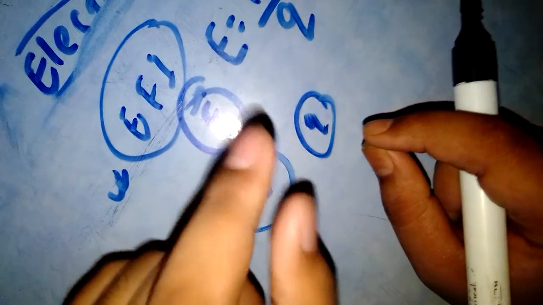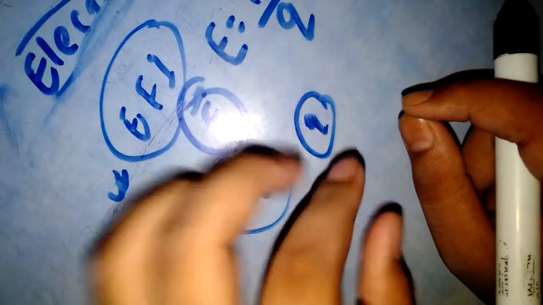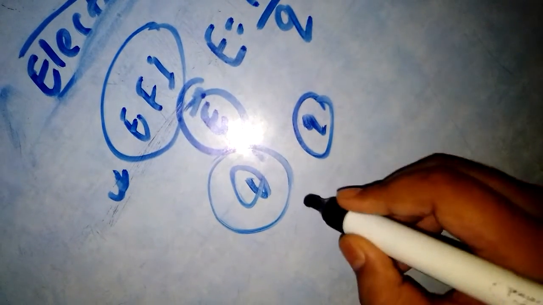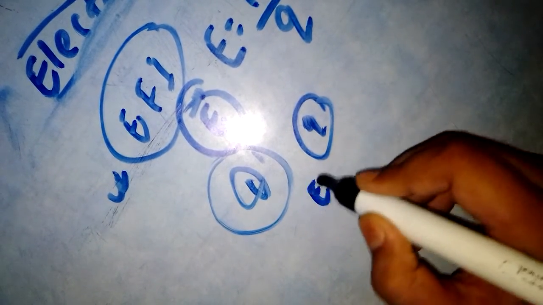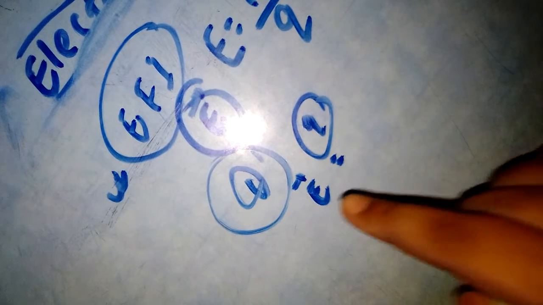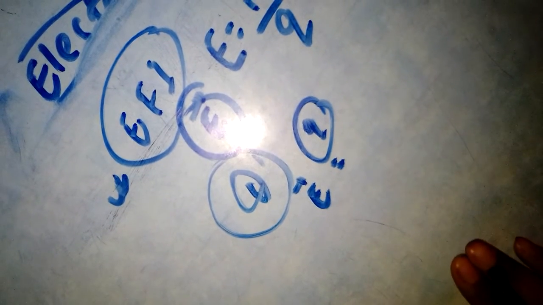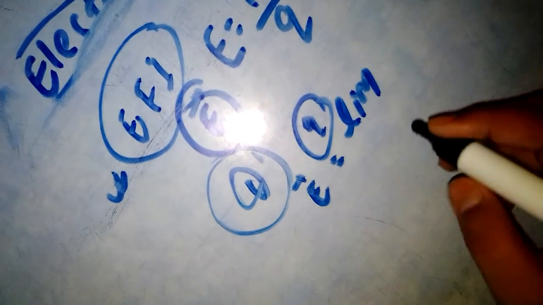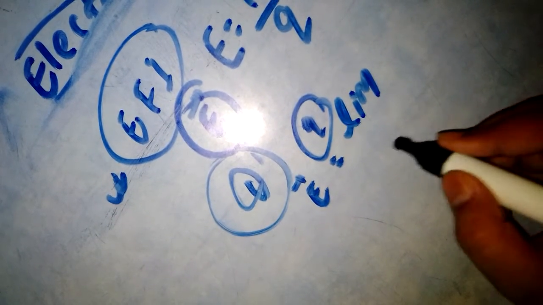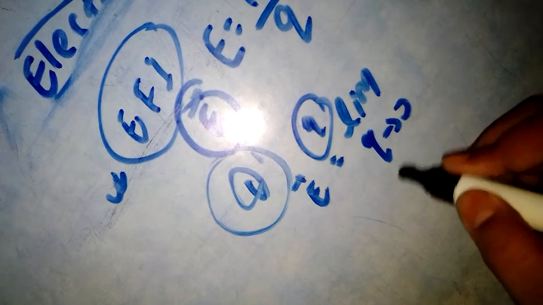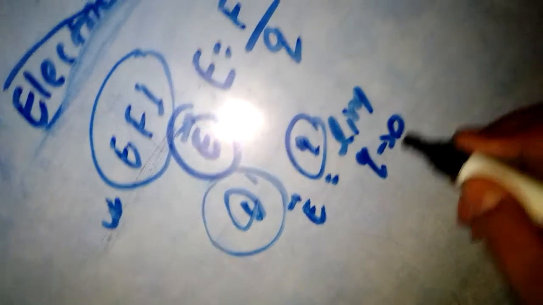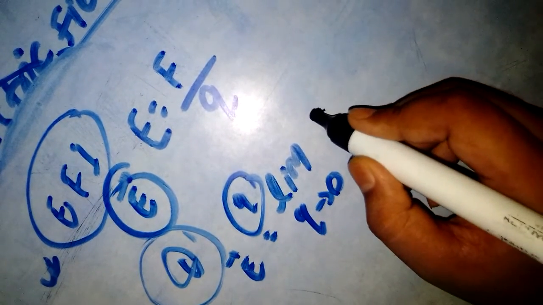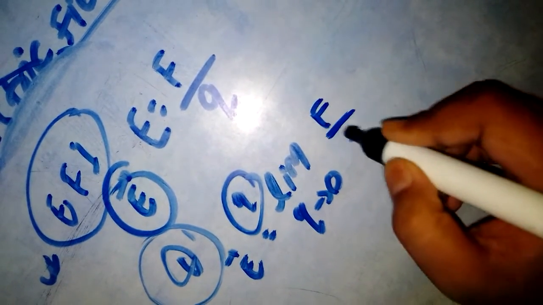We should always keep the test charge small. So we write electric field intensity E equals the limit as q tends to 0 of F by q.